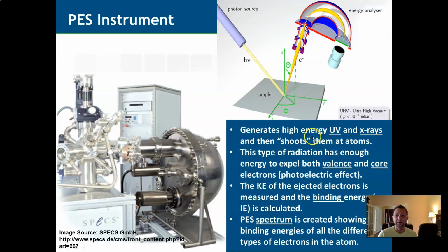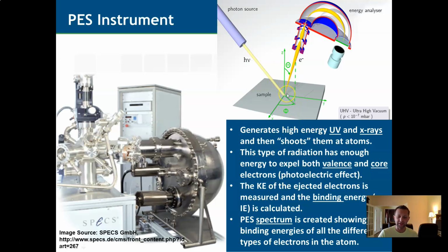This type of radiation has enough energy to expel not only the valence electrons, but in addition to those, your core electrons. It's called the photoelectric effect, and it was mentioned earlier in this unit, and it's in some other videos on my channel.